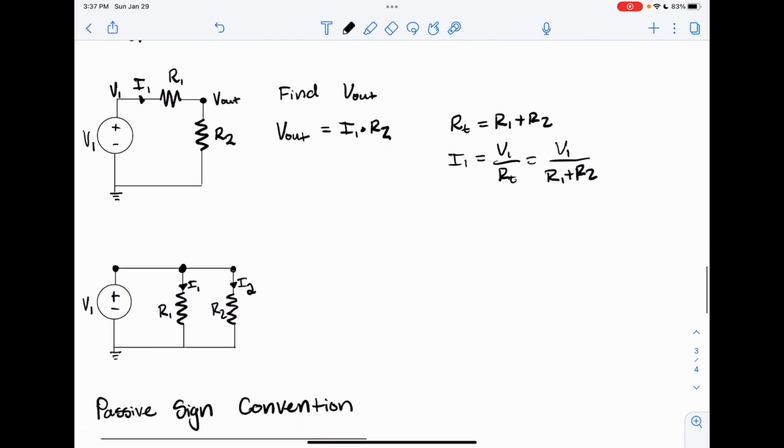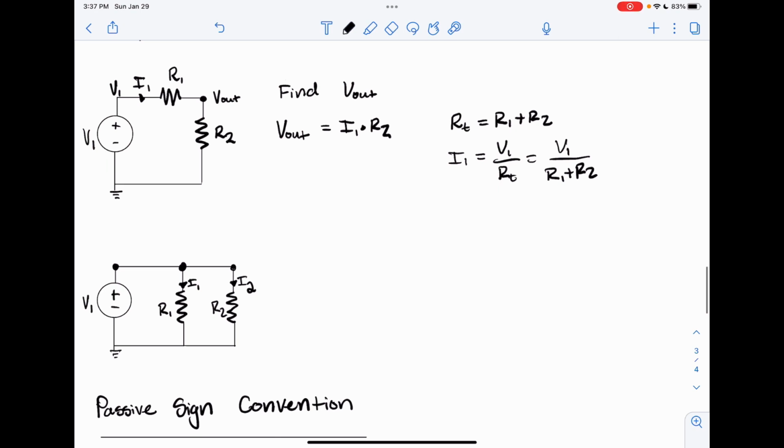Now, we can simplify that even further using these two equations. We can get rid of the need to find I1 altogether by saying that Vout is equal to, and now we have I1 and R2, let's replace this I1 with this expression here.